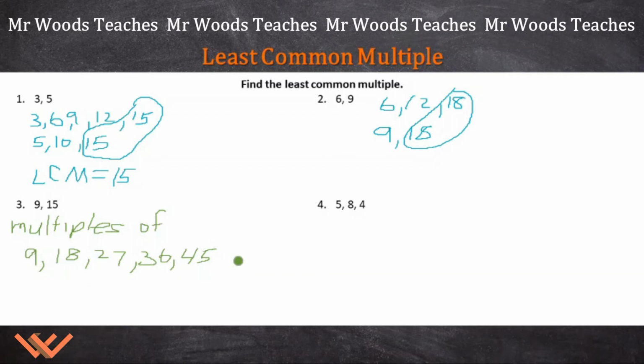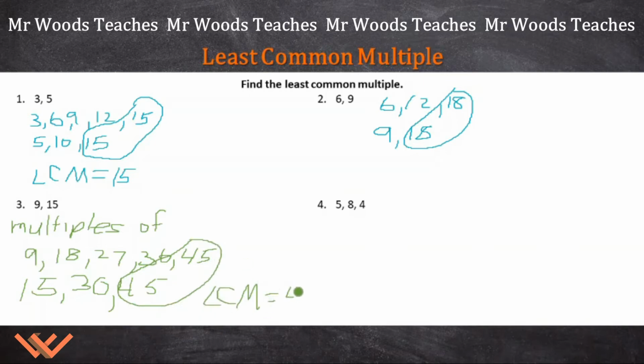And again, with my knowledge of the multiplication tables, I'm able to stop right here because I know that 15, 30, and 45 are the first 3 multiples. And there's my least common multiple right there, 45. So I put down LCM equals 45.